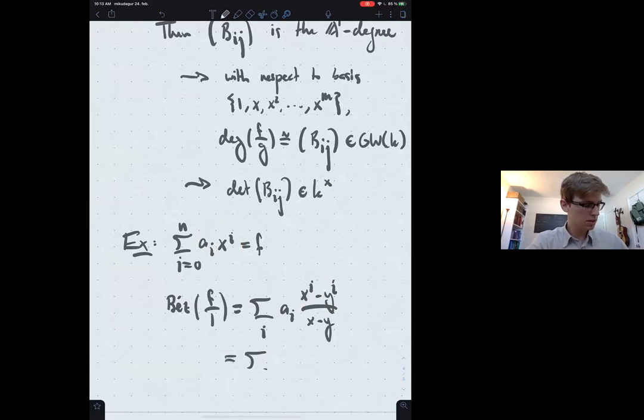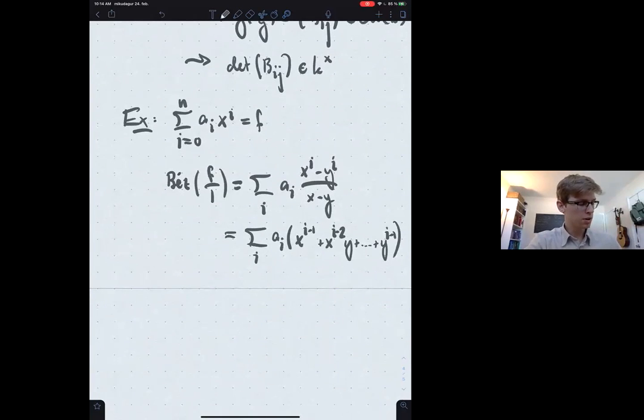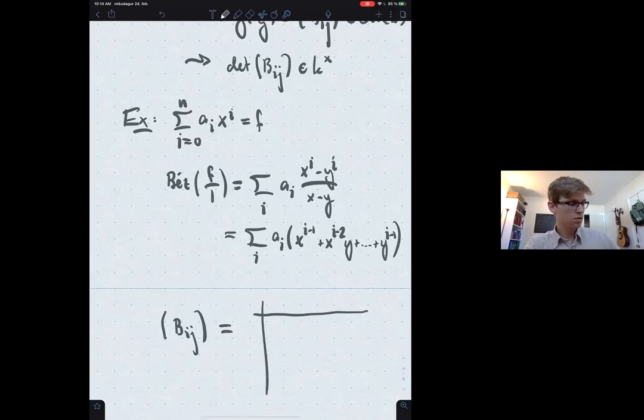And so this generally looks like, well, I have x to the i minus 1 plus x to the i minus 1 minus 2y plus, and so on. And we lose the constant part of this morphism. Okay, and so then if you wanted to write down this matrix to understand the global degree as a bilinear form, well, I'm just going to write down 1, x, x squared, and so on.